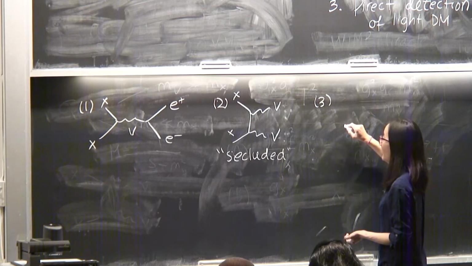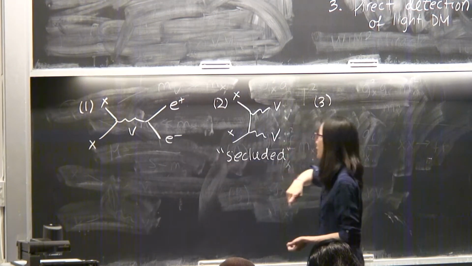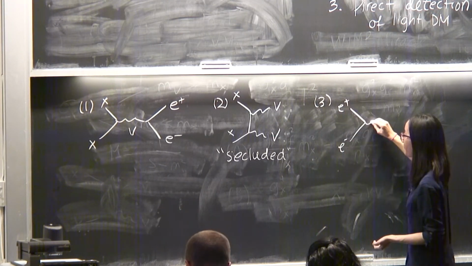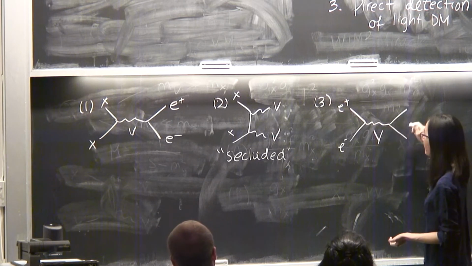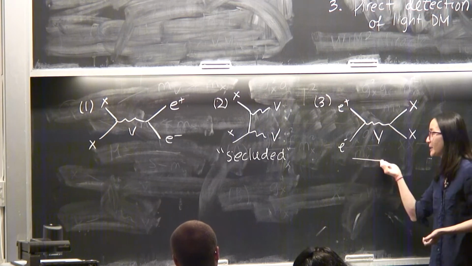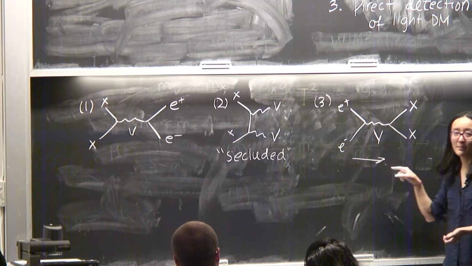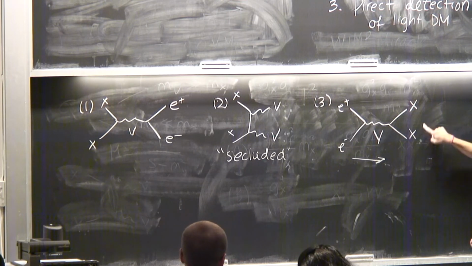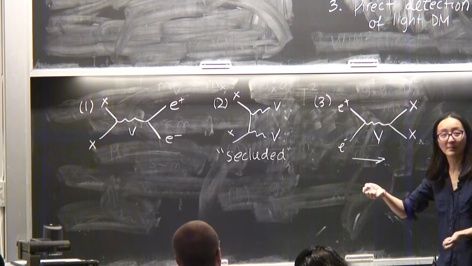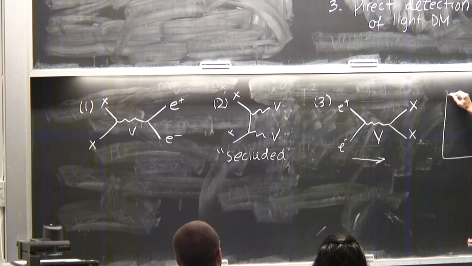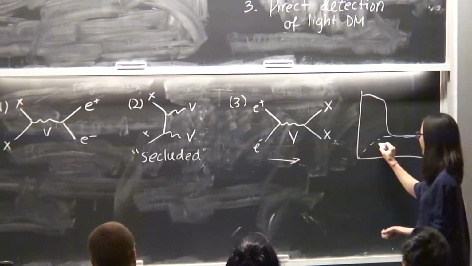And I'll also discuss freeze-in, which we also commented on in a previous lecture, where I have e+ e- through my light mediator to X. So only this process is really happening. It's happening at a small enough rate that the dark matter is never populated thermally, and so the reverse process doesn't happen very effectively. And we saw a cartoon of that last time, where if this is freeze-out, then this is freeze-in.